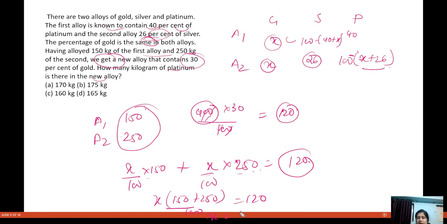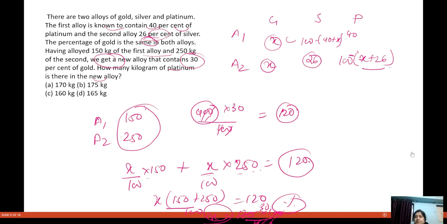So X will become how much? X is 120 into 100 divided by 400. This 0 cancels and this comes to be 30%. Coincidentally, this is coming to be 30%. It is not necessary that I am using the same formula.